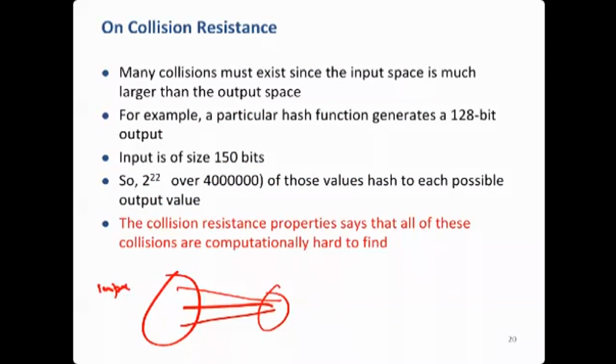Let's assume the output string is 128 bits, and the input string is 150 bits. It means that 2 raised to the power 22 such strings will map into the same output. But finding that is difficult. That's the crux.